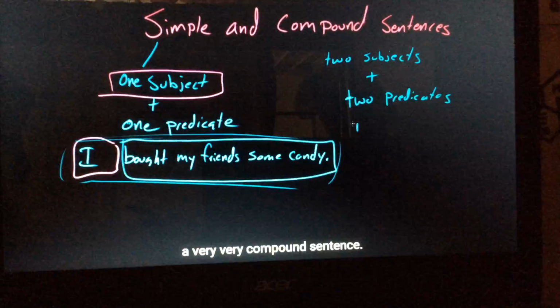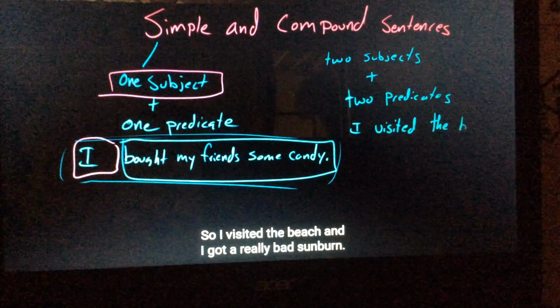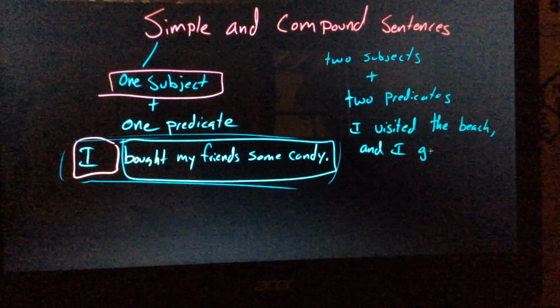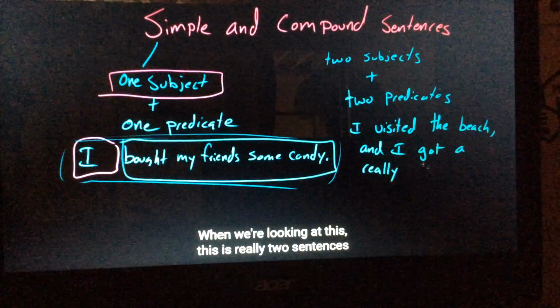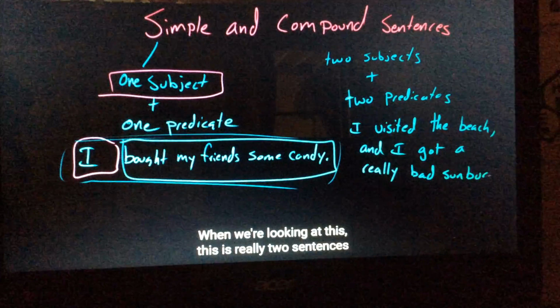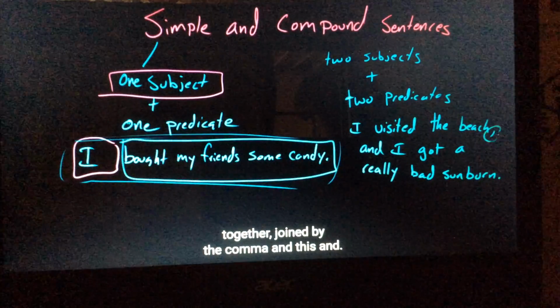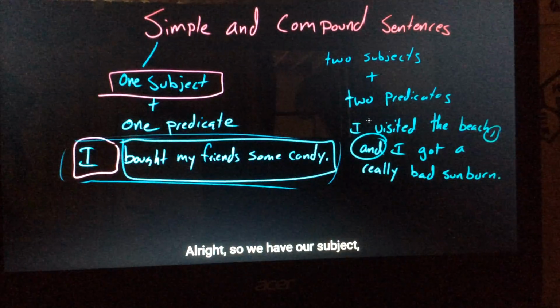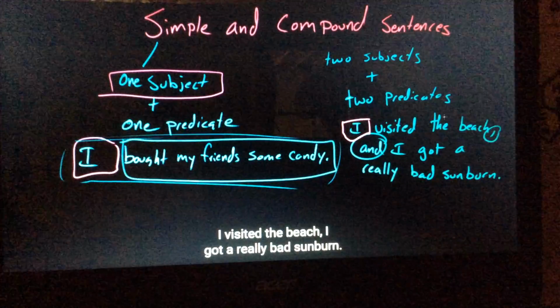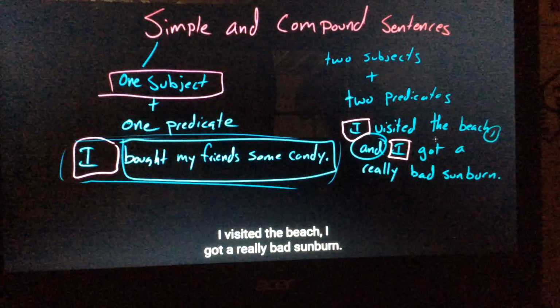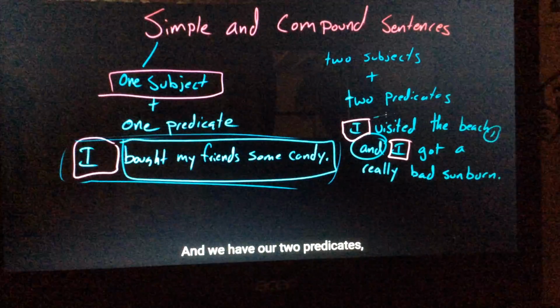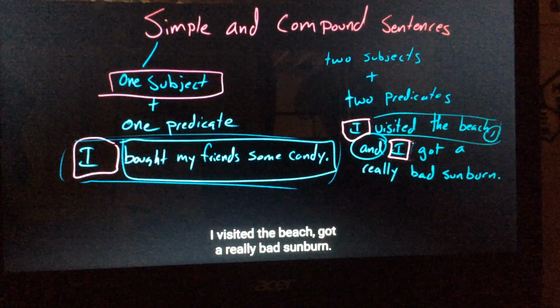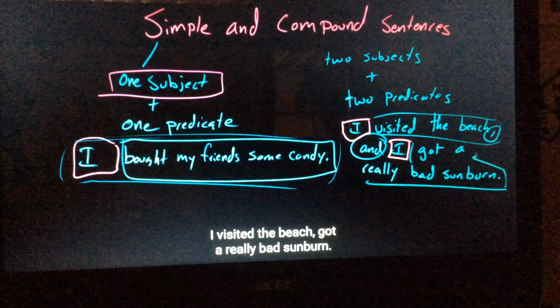So, I visited the beach, and I got a really bad sunburn. When we're looking at this, it's really two sentences together, joined by the comma and this and. So we have our two subjects and our two predicates: I visited the beach, I got a really bad sunburn.